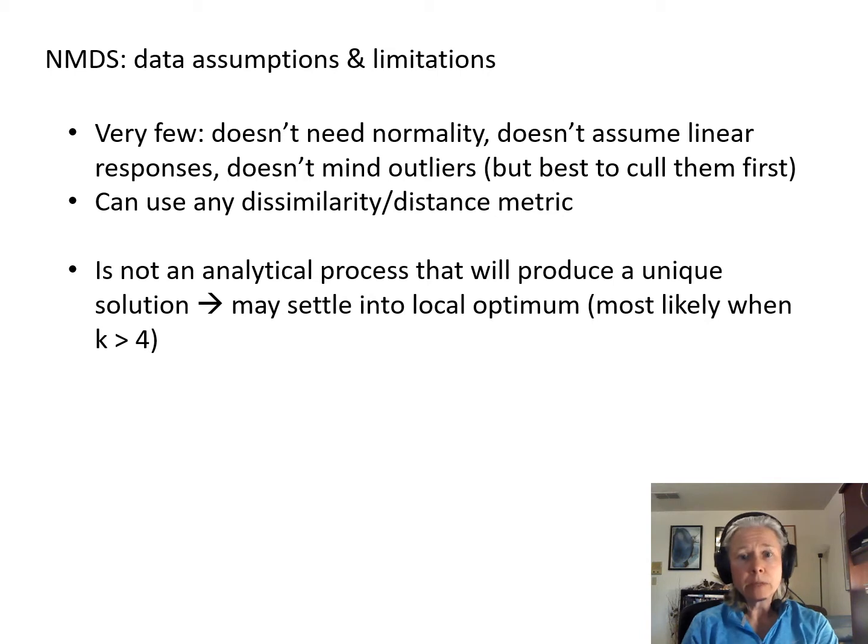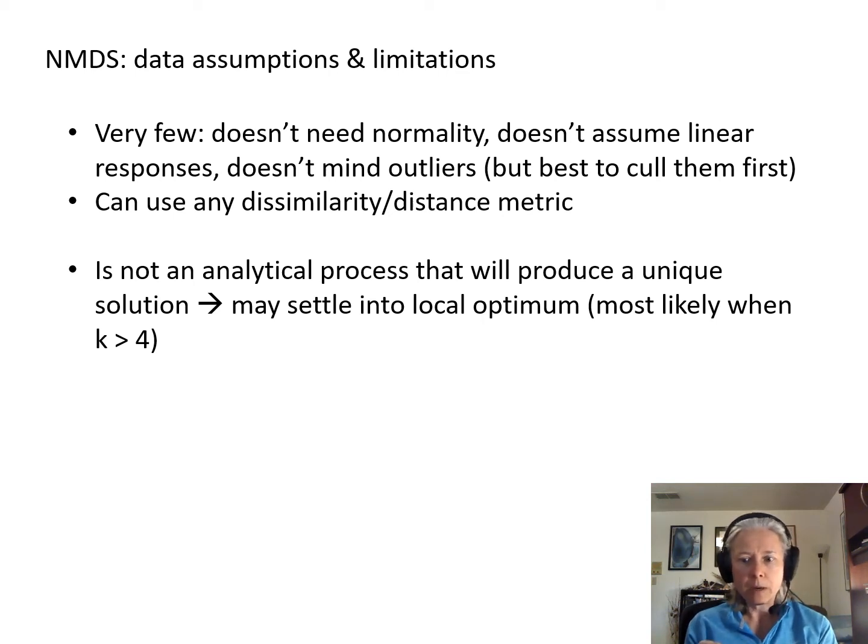And so NMDS is sensitive to the initial positions of the samples along the ordination axes, and that is a random assignment at first. And so NMDS can sometimes settle into a local optimum that is not globally the best solution. It's just the best solution that's better than nearby solutions.